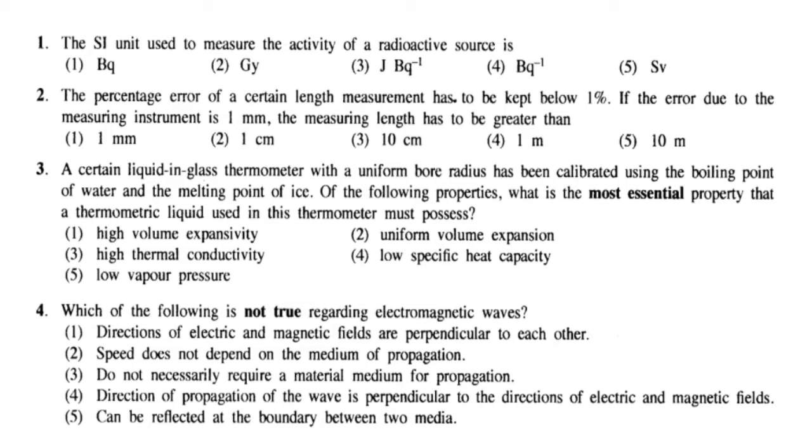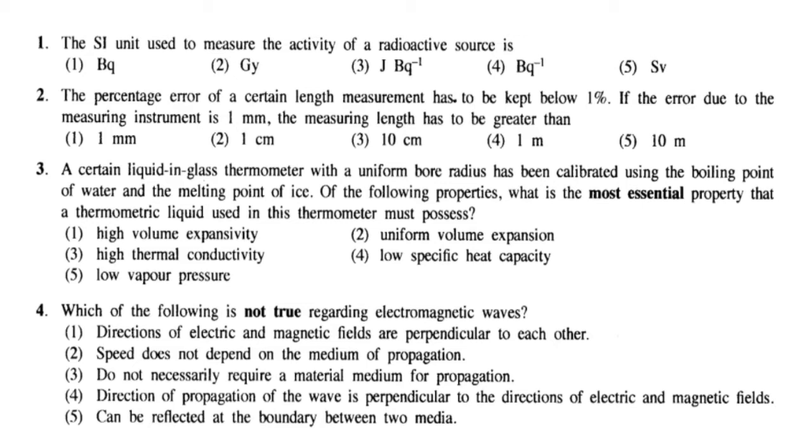When you look at the answers, you can understand that all these 5 properties given in the 5 answers are essential for a good thermometric liquid. But here they are asking, out of the 5, the most essential property that a thermometric liquid must possess based on the facts they have given.